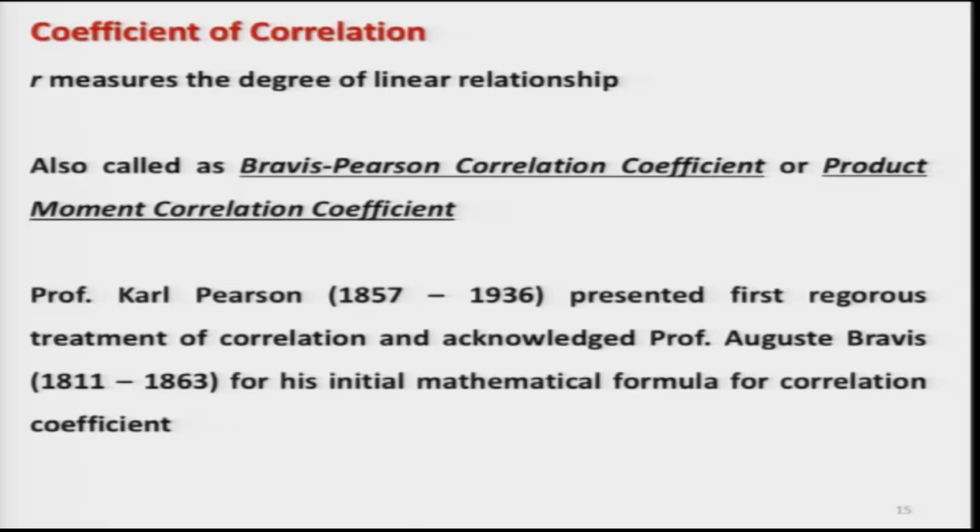Right. So, having understood the basic definition or the mathematical form of the coefficient of correlation, let us try to understand what it is doing and what the different types of interpretation are. Essentially, R is measuring the degree of linear relationship. It is a very important term here, linear relationship.